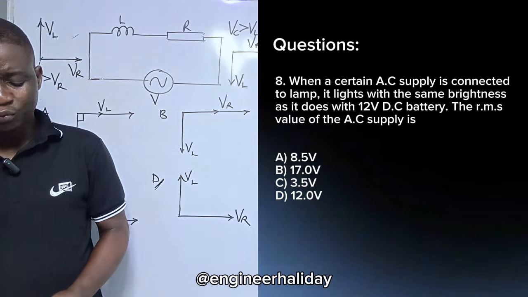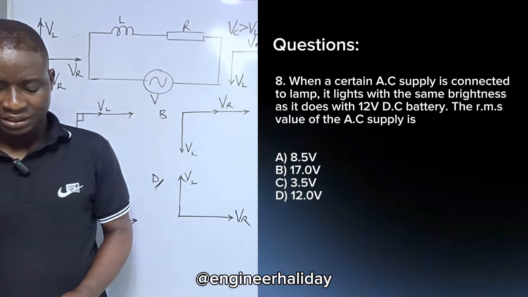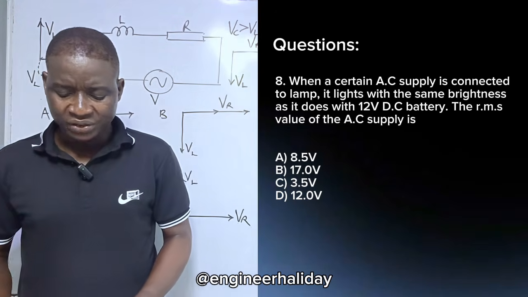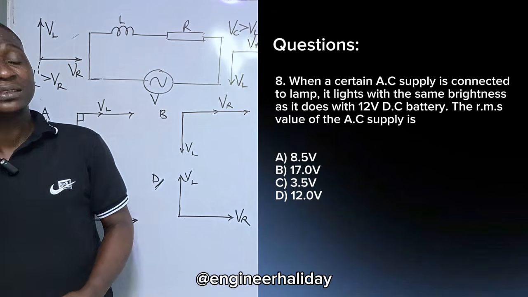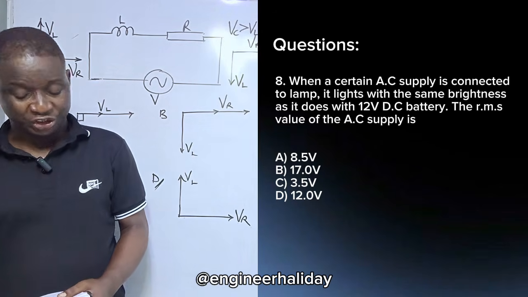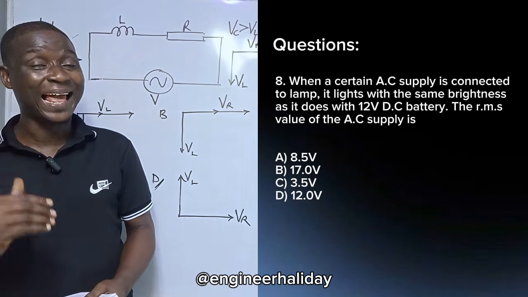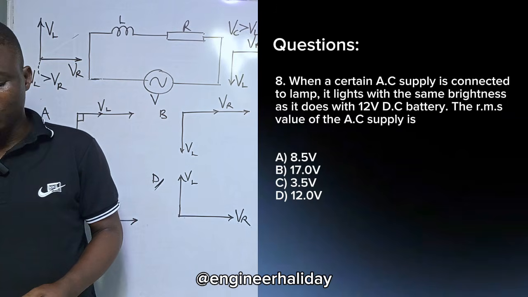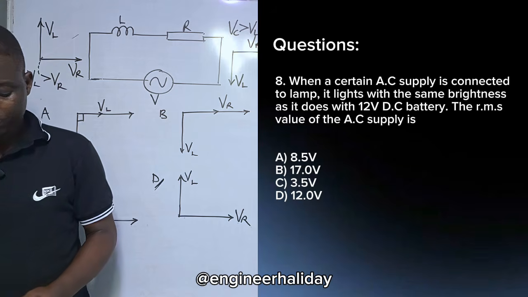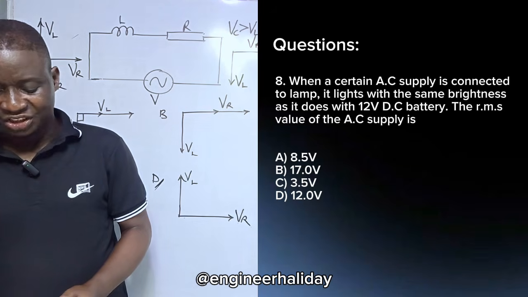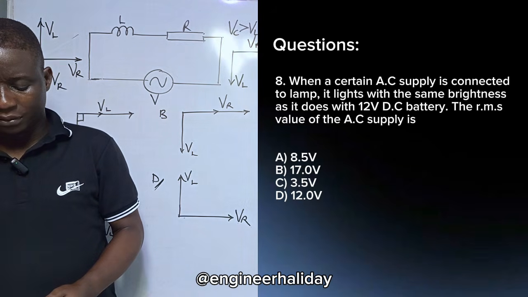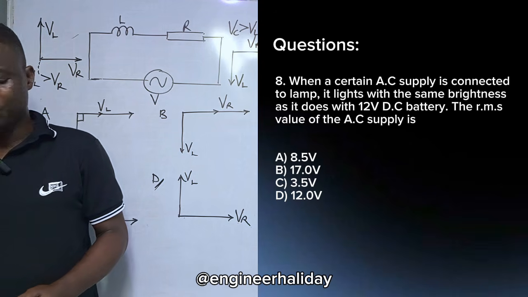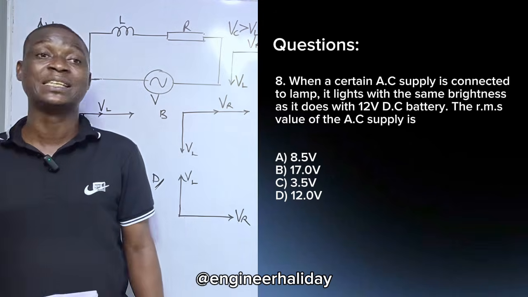They say it lights with the same brightness as it does with a 12-volt DC battery. The RMS value of the AC supply is what? Because the 12-volt battery is a steady voltage, and they light up at the same brightness, they have the same resistor. So the RMS value of the AC supply is also 12 volt. Options: A 8.5 volt, B 17.0 volt, C 3.5 volt, D 12.0 volt.